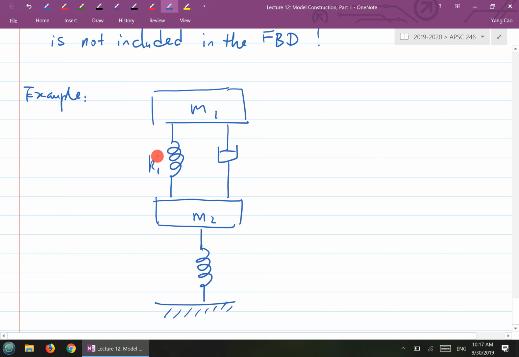Here is a spring with stiffness K1. Here is a damper with damping constant B1. Here's the second spring with spring stiffness K2. And there is an external force applied, as this.